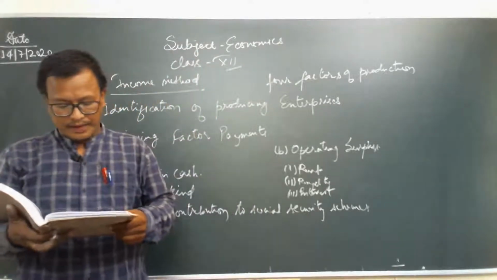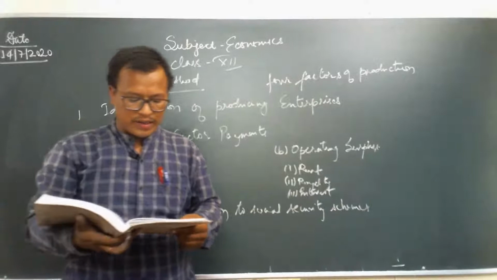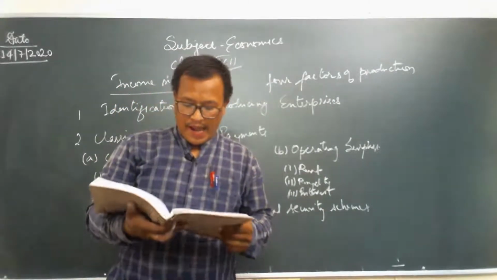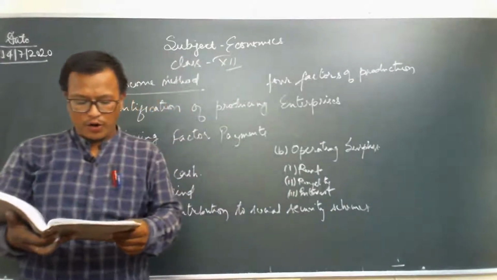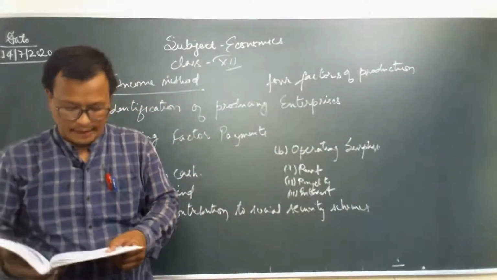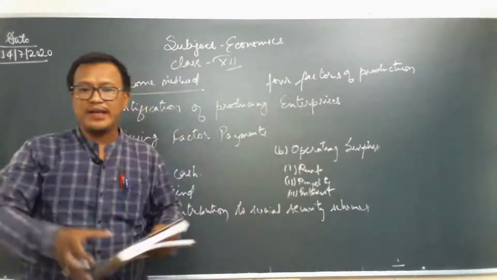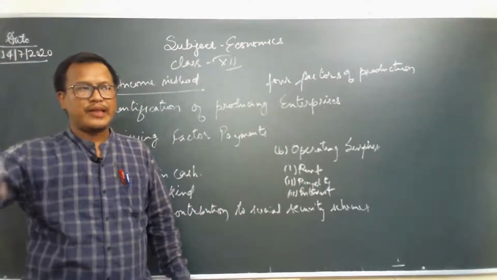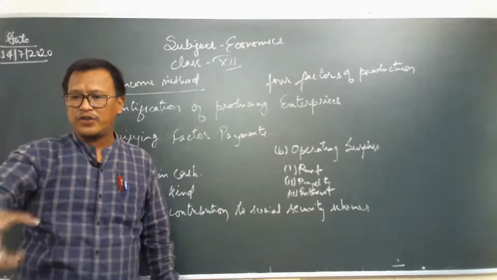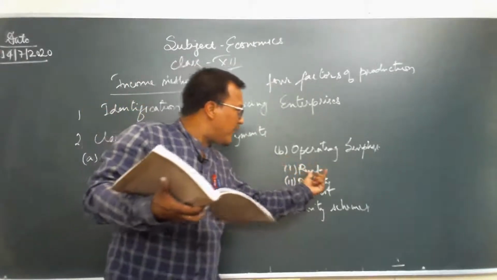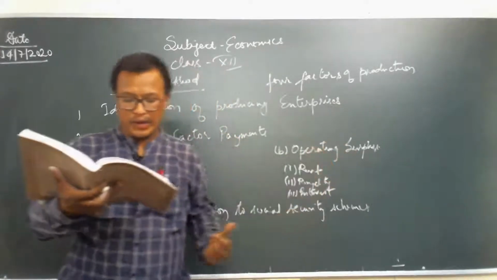So rental income includes rent of lent out properties, the actual rent, and the rent of owner occupied properties, that is imputed rent. For example, if a land is given to a company, the actual rent that person is acquiring, from that rent operating surplus can be calculated.